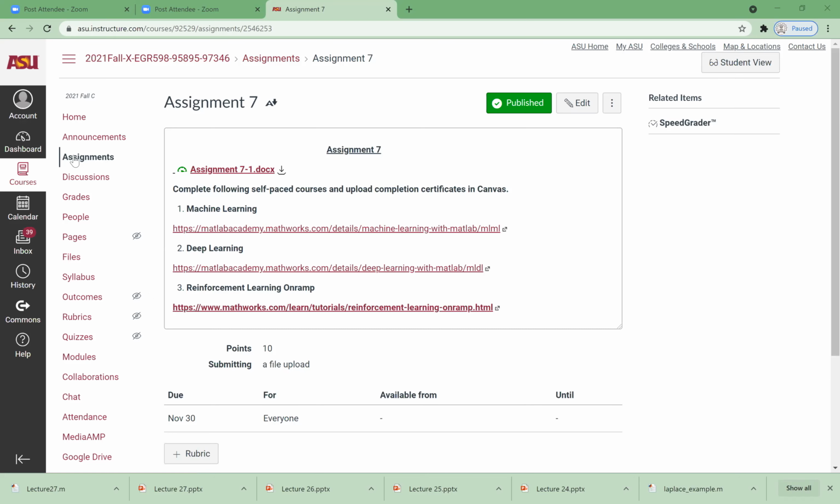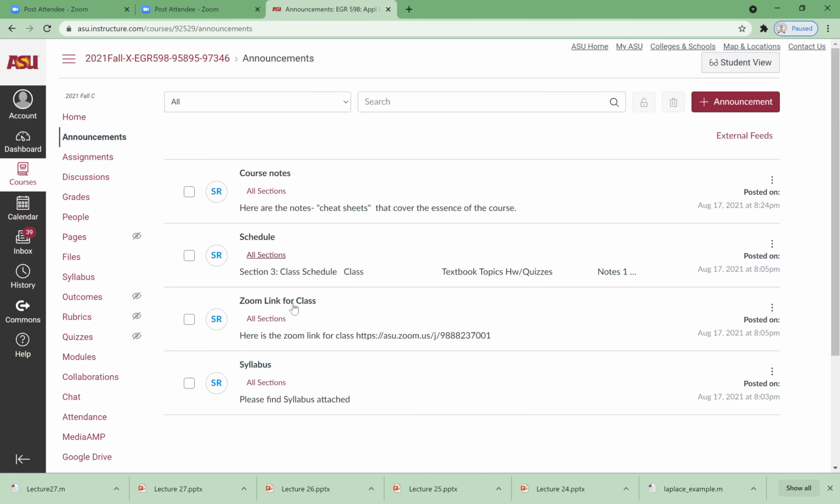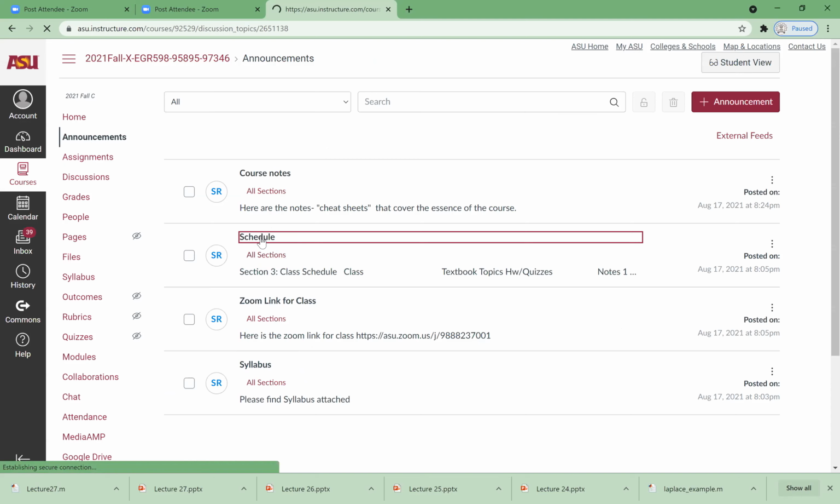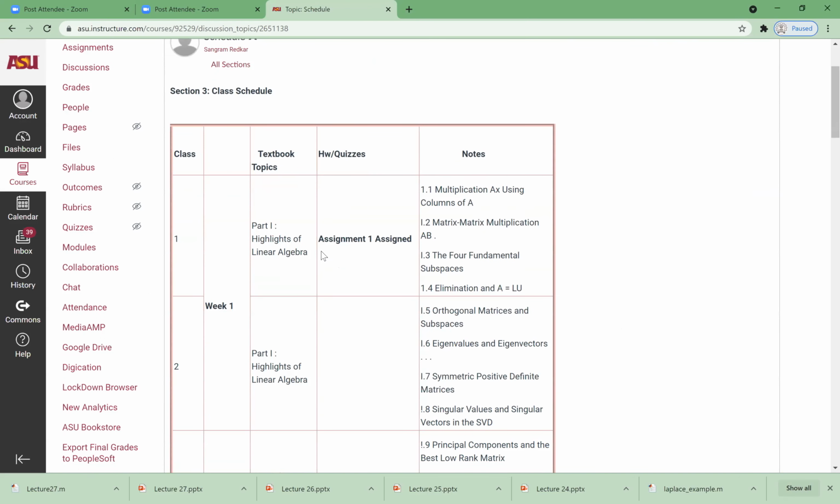If you look at the announcements, if you look at the schedule, this tells you what we are going to cover in each and every class. As you can see, in today's class I'm going to talk about 4 important concepts. You are welcome to read sections 1.1, 1.2, 1.3 and 1.4 from the textbook.